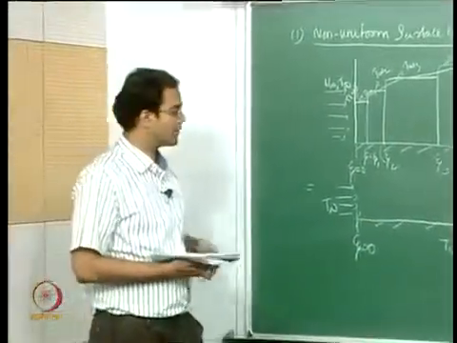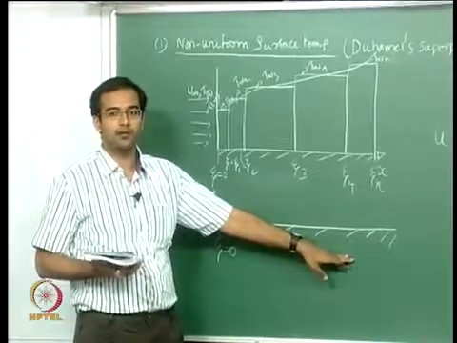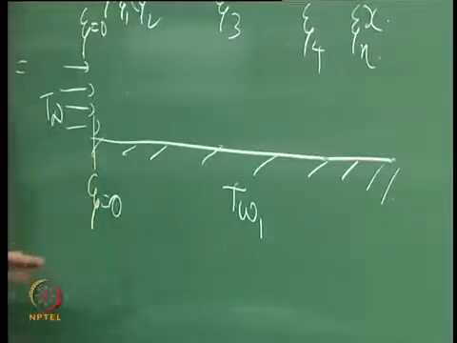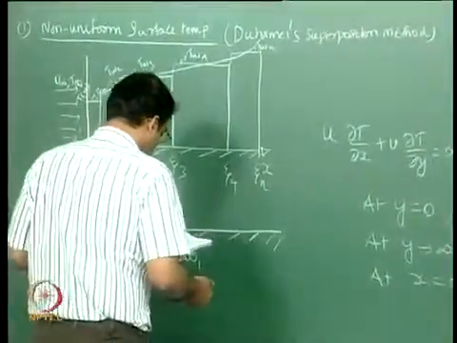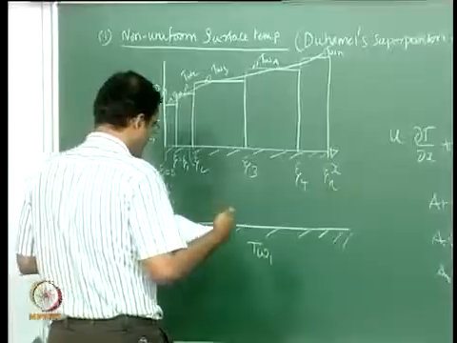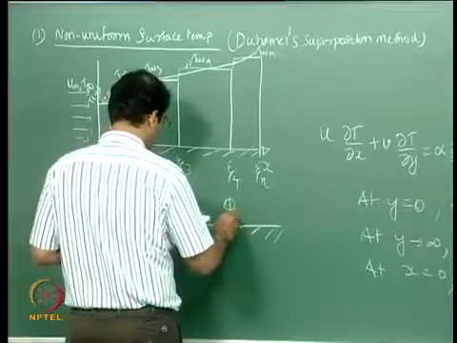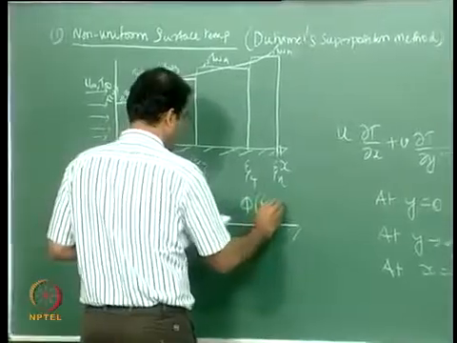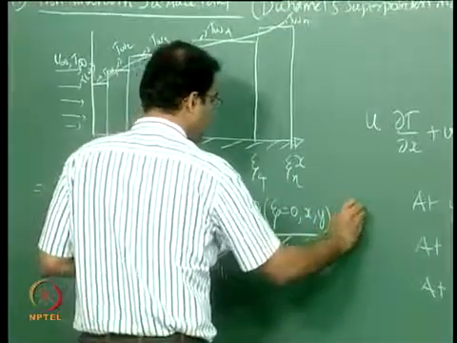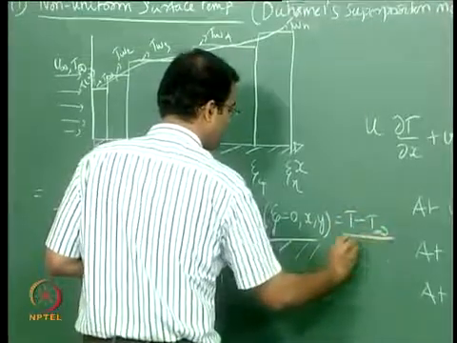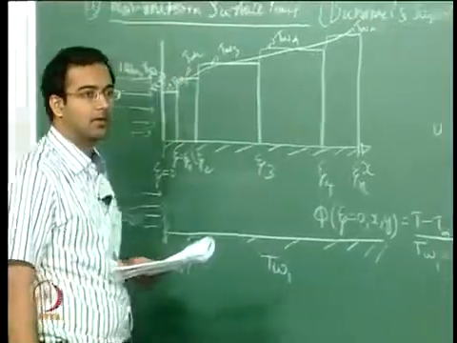This is your first problem, and you already have the solution, a uniformly heated plate without any unheated starting length. If you non-dimensionalize the temperature, the solution to be found will be in the form phi for the case zeta equal to 0, a function of x and y, equal to T minus T infinity divided by T wall 1 minus T infinity. This is the way I am going to non-dimensionalize.